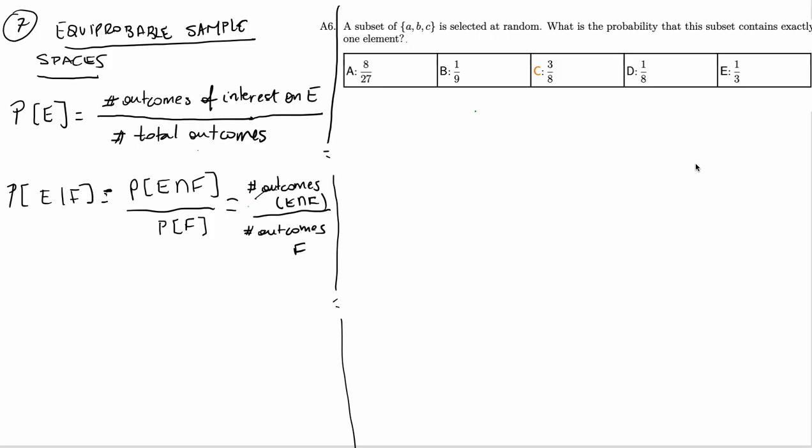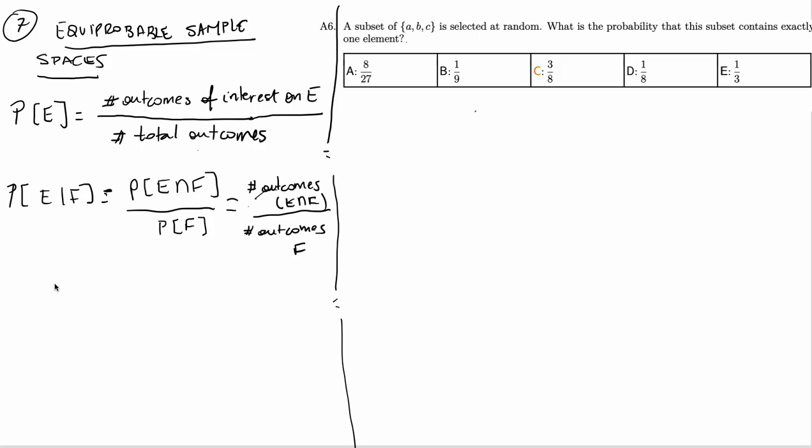But you can always check. You have a set ABC and all the possible subsets, and I didn't say that a particular subset has more chance of being drawn than the others. Every subset has the same chance of being drawn. I didn't say that the system is unfair or biased. So we are inside an equiprobable sample space.